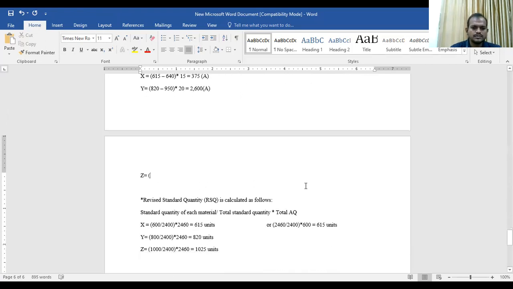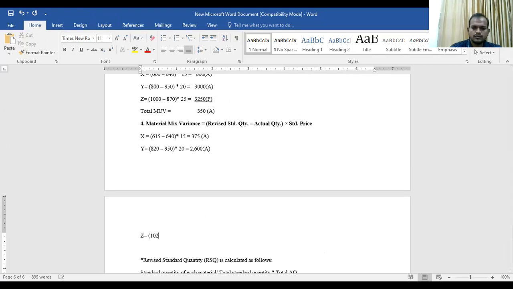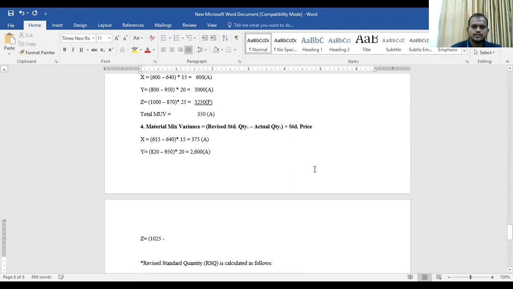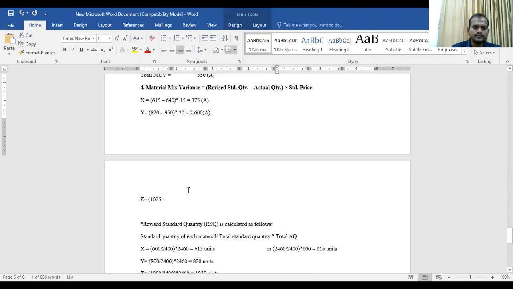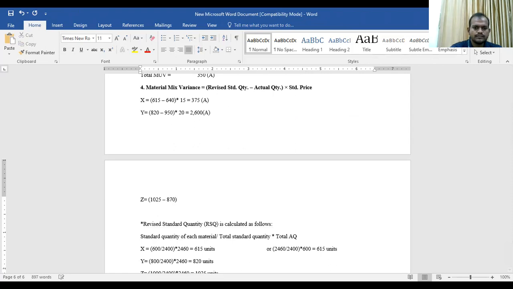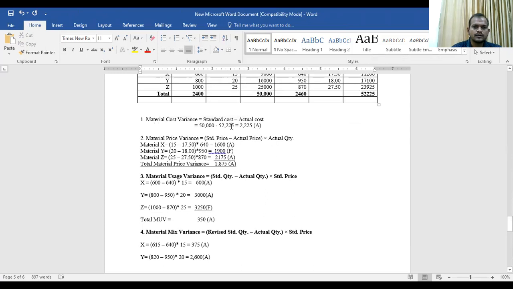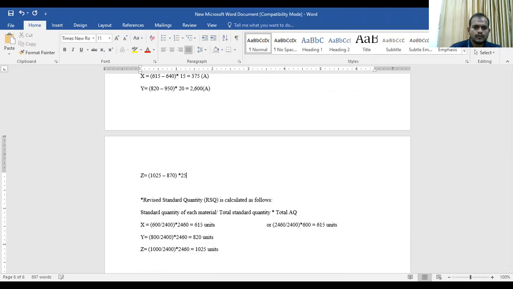Revised quantity of Z, 1025 units, minus actual quantity 870. Standard price is 25. So it is in favorable variance. It comes to around 3875 favorable.